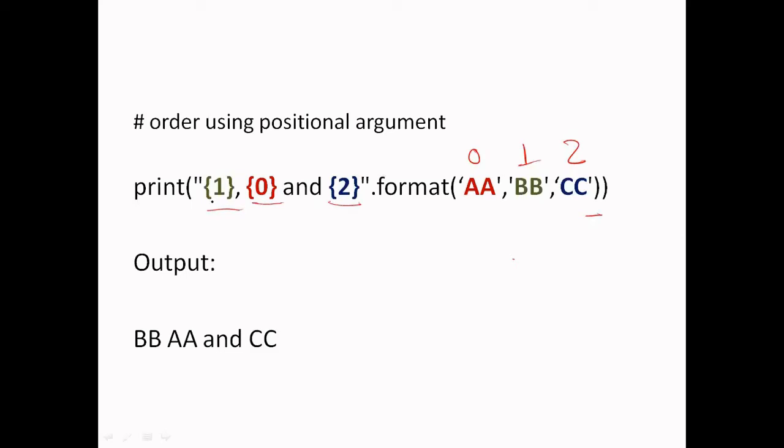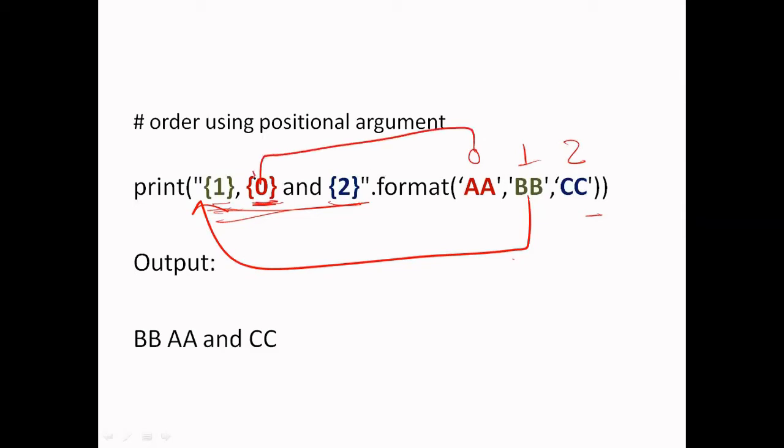If I shuffle these 0, 1, 2, the respective value will be replaced. So if I write here 1, the value at position 1 will be replaced here. If I write here 0, the value at index 0 will be replaced here, and the value at index 2 will be replaced here. So the correct answer will be B, B, A, and C, C.